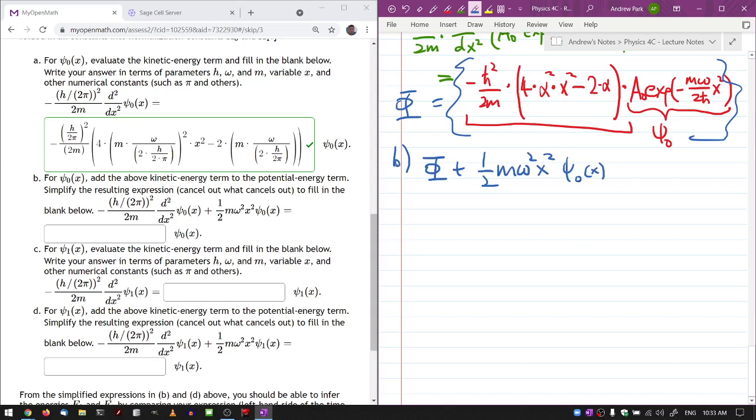I think it's going to be useful to just distribute everything out and simplify. And let me just remember alpha is m omega over 2 h bar. So let me distribute everything out.